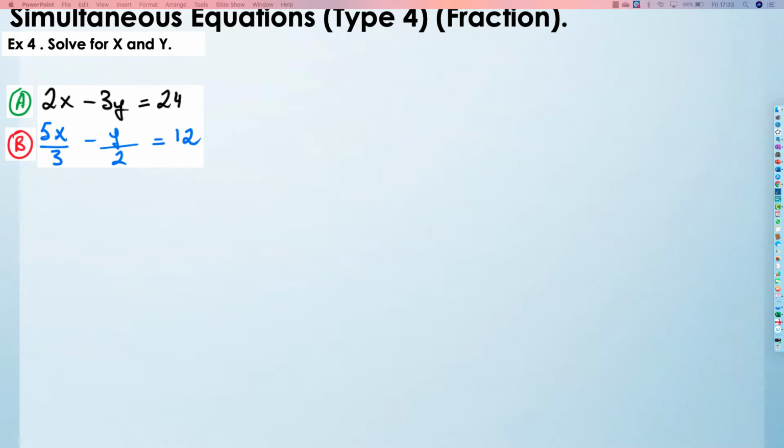First thing we have to do, get rid of the fraction at the bottom line. Multiply across by 6, get rid of the fraction.